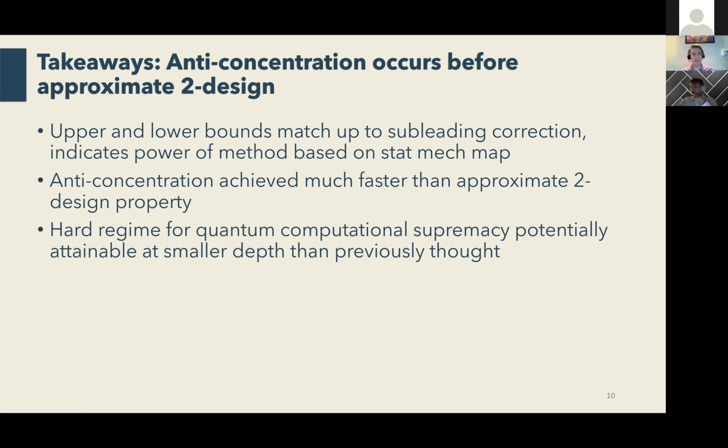In 1D, it takes linear depth, so it takes order n squared gates to reach the two design property, but it only takes n log n gates to get to the anti-concentration property. So anti-concentration is actually achieved much faster than the two design property. And so for all these applications we mentioned before, perhaps we can access them at a much shallower depth than previously had been thought.